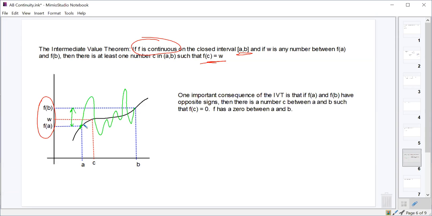And they will all come between A and B. That doesn't mean that I might not get some of those values later on, after B, or maybe even before. I could get some of those values before or after, but I'm guaranteed that for every value between f of A and f of B, there will be a value between A and B that gives us that y value. Does that make sense?